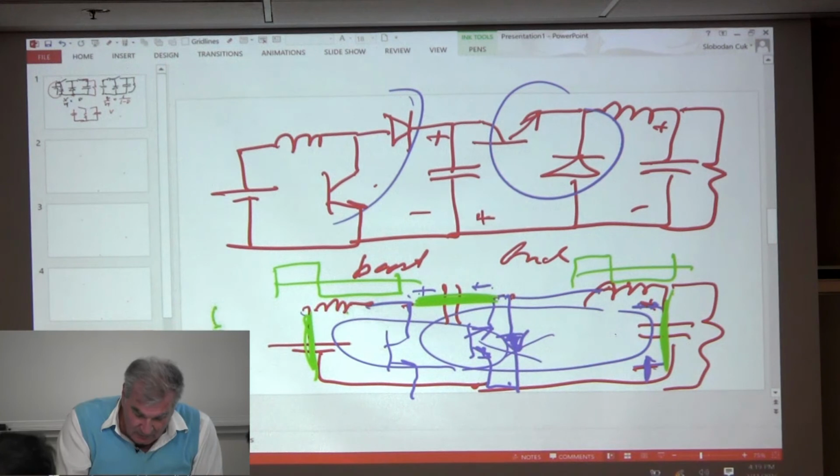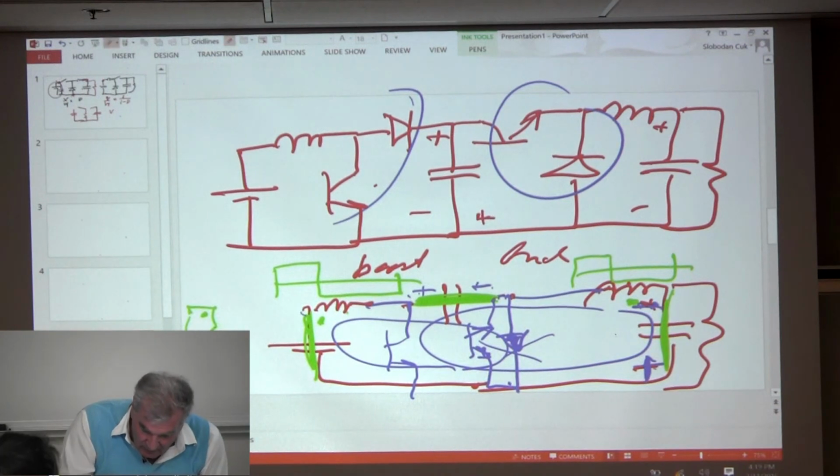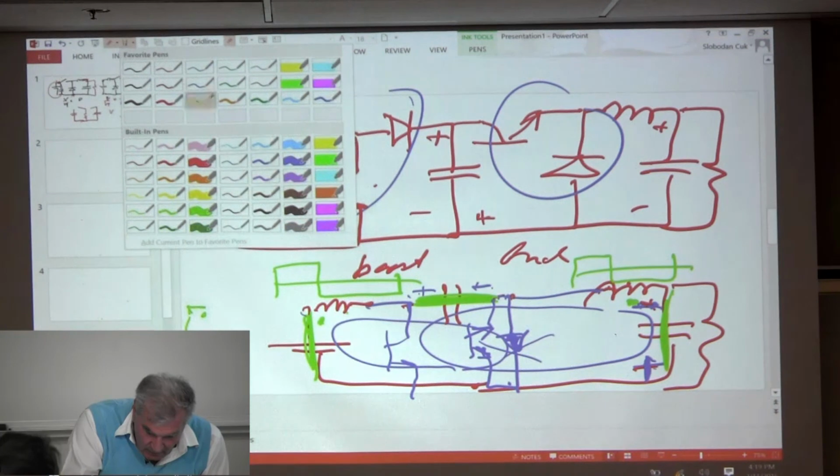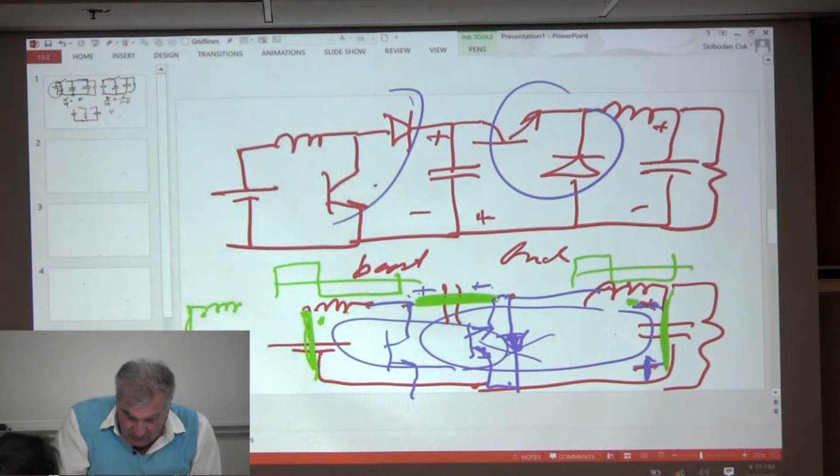This here is one inductor, and if I put the dot here and put the dot here, this inductor is connected to here, right? So you have this inductor, the capacitance is shorted, and this is shorted.